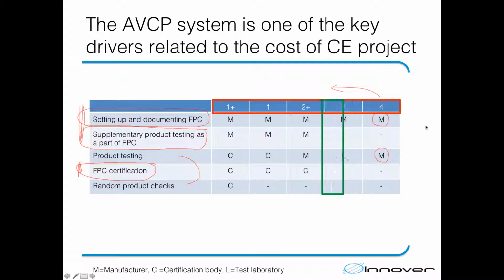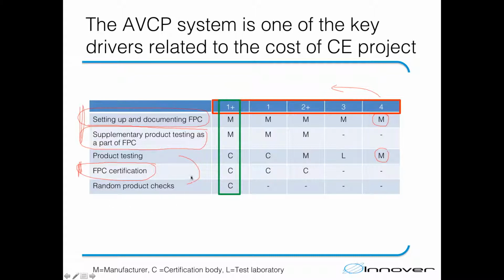So in System 4 we had the situation where the manufacturer could perform everything, and in System 1+ we have the situation where the manufacturer only has the possibility to set up and document the FPC and then do supplementary product testing as part of the FPC. So this is only the quality assurance. And then we have to employ a certification body to do the product testing, but also perform random product checks.